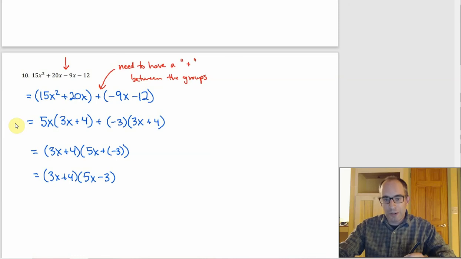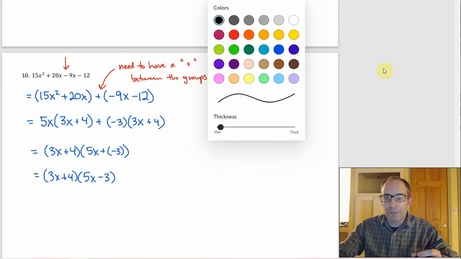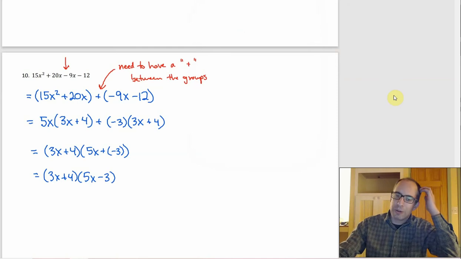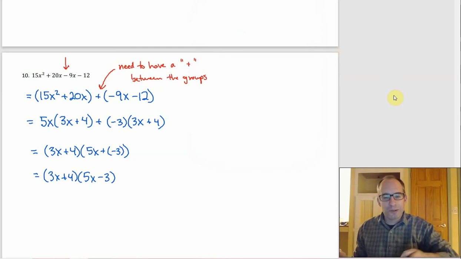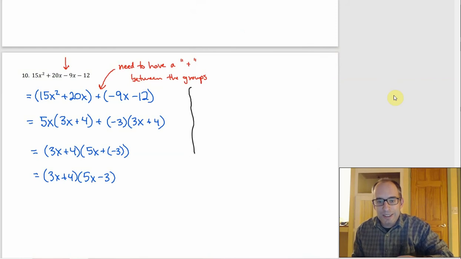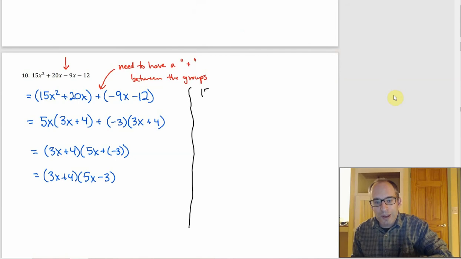And where I said there would be an advantage to rewriting things: whenever you see the minus in the middle, you might think weird things happen when that's there, and you don't remember exactly what to do. What you could do instead is rewrite it. So we've got 15x squared plus 20x minus 9x minus 12.